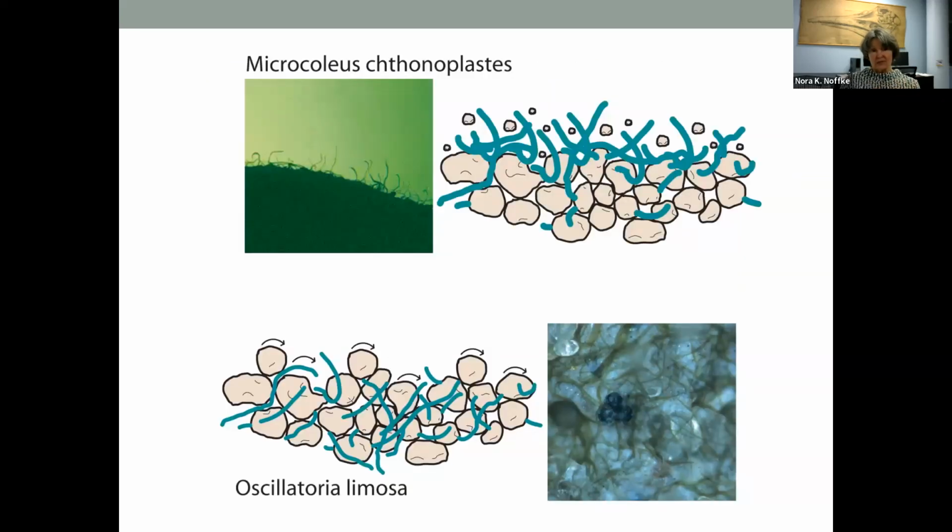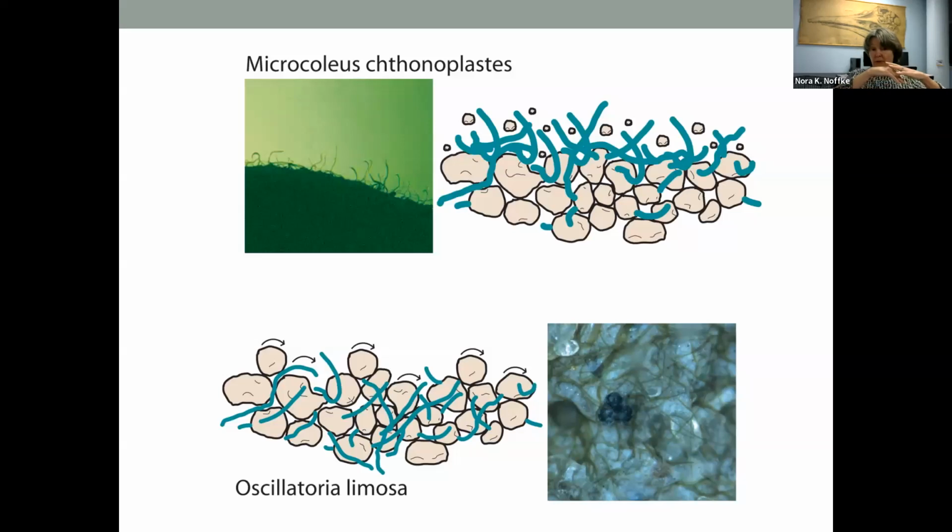So there are two different types of baffling and trapping. Microcoleus tenoplastes predominantly traps a different fraction of sand grains, a smaller grain fraction, like large silt to very fine sand, whereas Oscillatoria limosa, which is able to move very fast through the sediment, migrates with the sedimentary surface very fast.